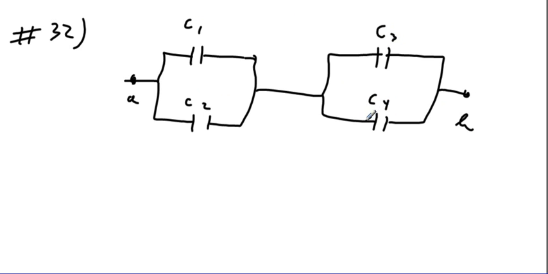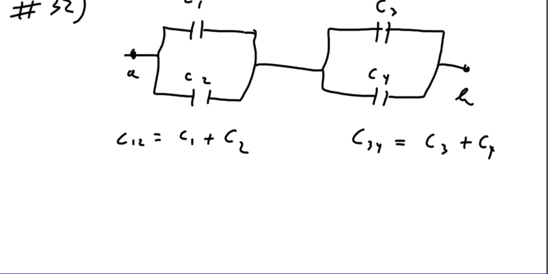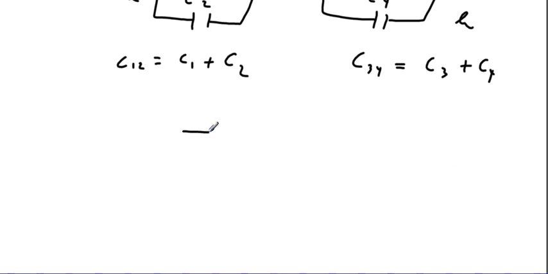The capacitors in parallel will add, so the combination of C1 and C2 would be C1 plus C2, and the combination of C3 and C4 would be C3 plus C4. Now I've got two equivalent capacitances, call one C12, the other C34.